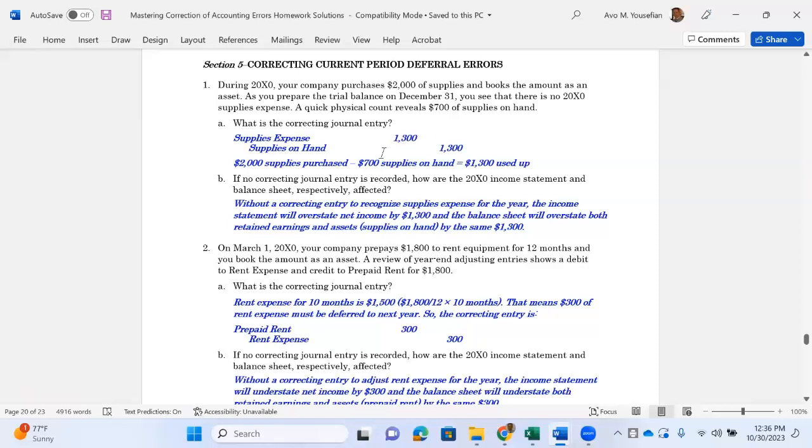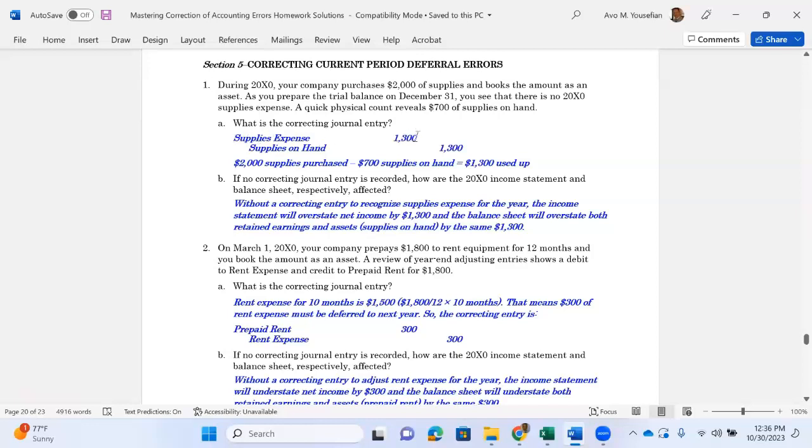is used. So supplies expense will be debited to recognize the expense of supplies that we used, and supplies on hand will be credited to reduce the asset by $1,300. If you don't do that, what would happen? If you don't record the supplies expense, then expense will be understated.